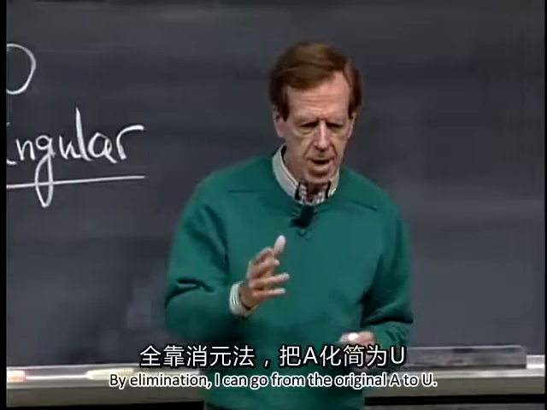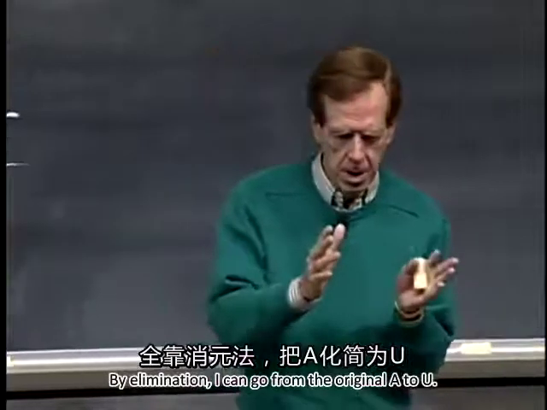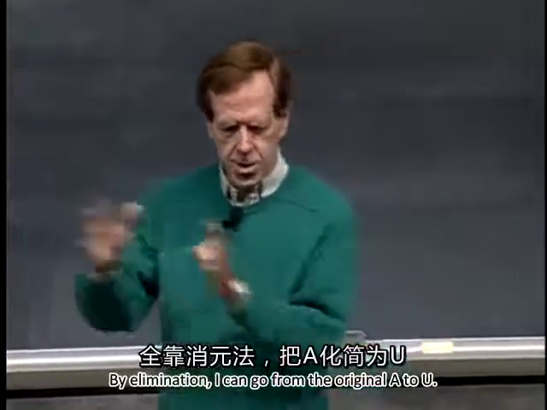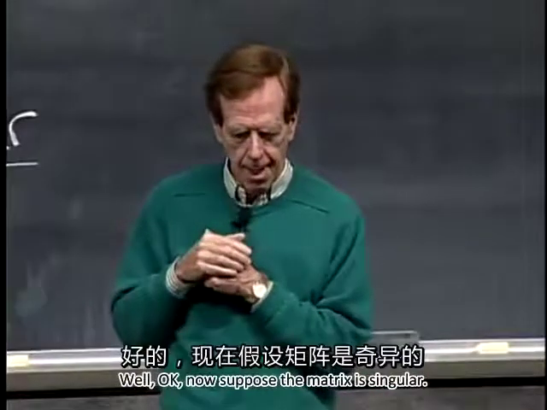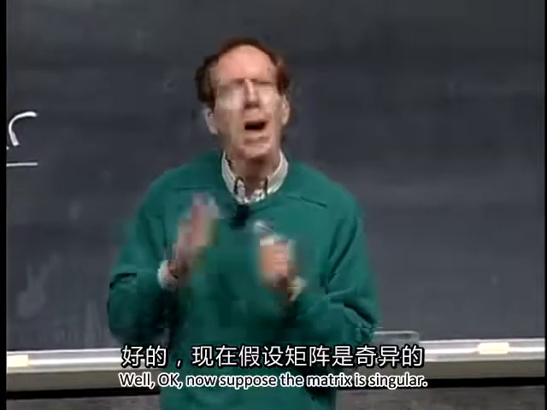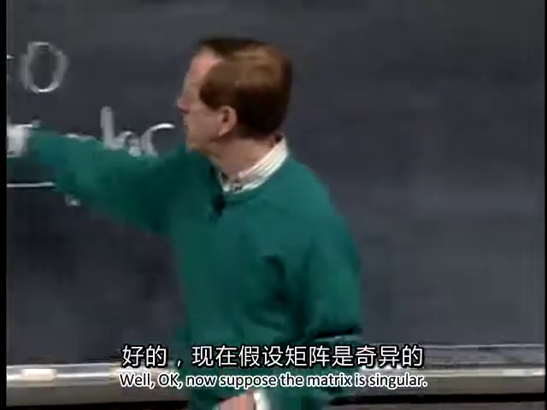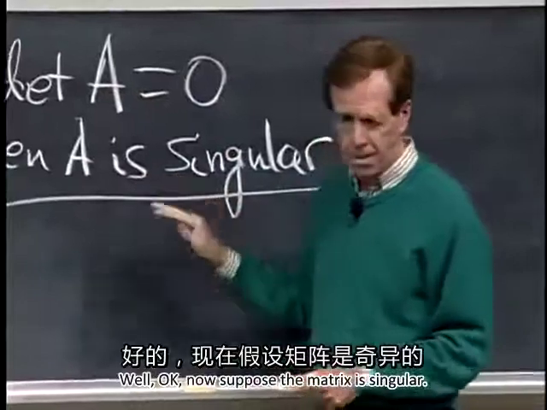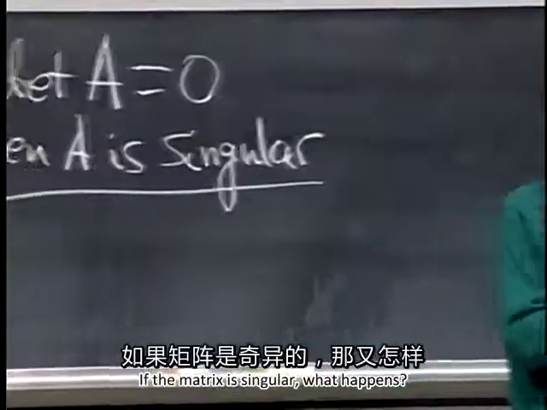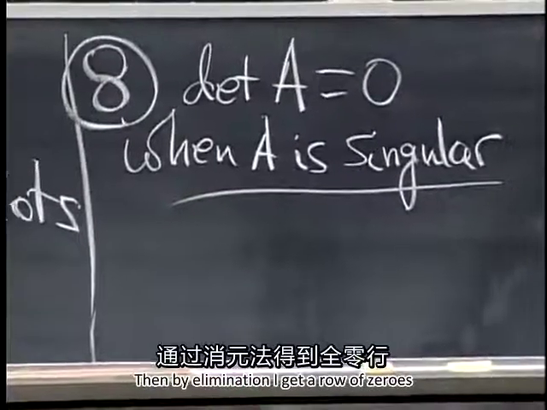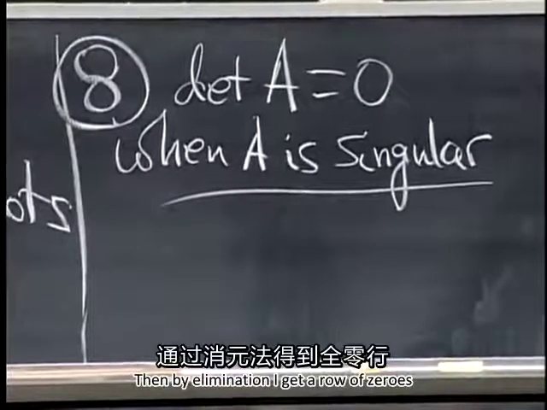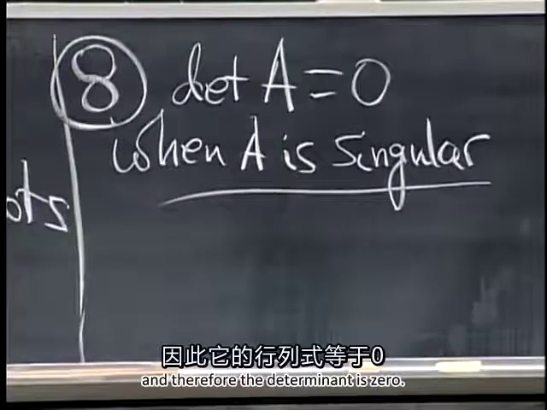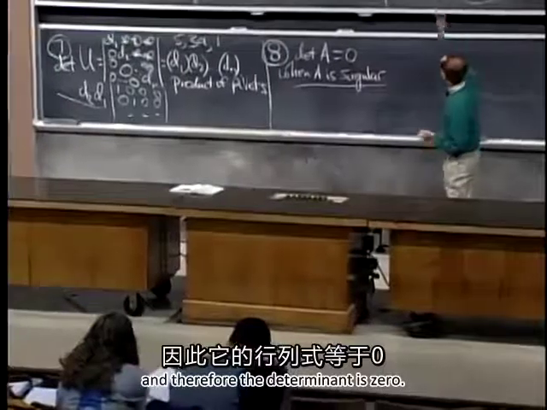By elimination, I can go from the original A to U. Now, suppose the matrix is singular. If the matrix is singular, what happens? Then by elimination, I get a row of zeros. And therefore, the determinant is 0.